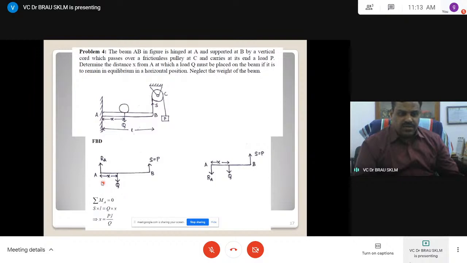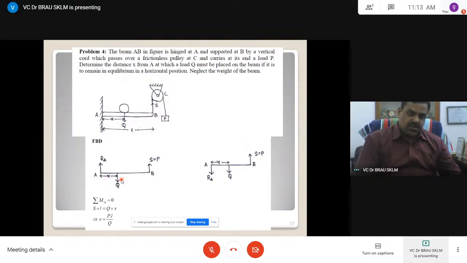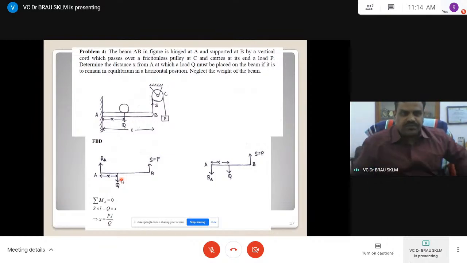Now sigma MA is equal to 0. We can assume some tension: S into L is a counterclockwise moment, and Q into X. From this find out X is equal to PL by Q, if P, L and Q are given.